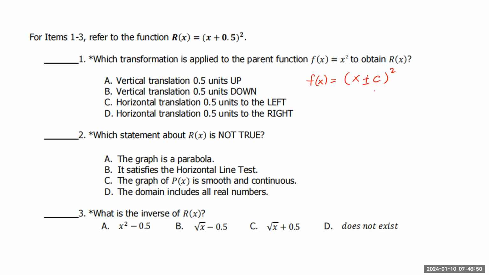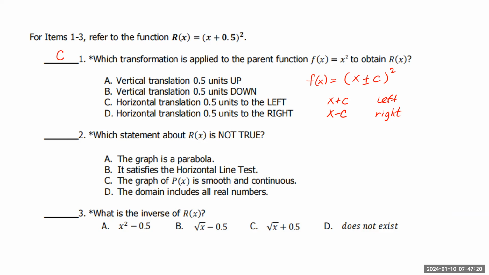Okay, so the variable c represents horizontal translation. Okay, if we have x plus c, that is transformation to the left. While if we have x minus c, that is transformation to the right. So since c equals plus 0.5, our answer is letter C.